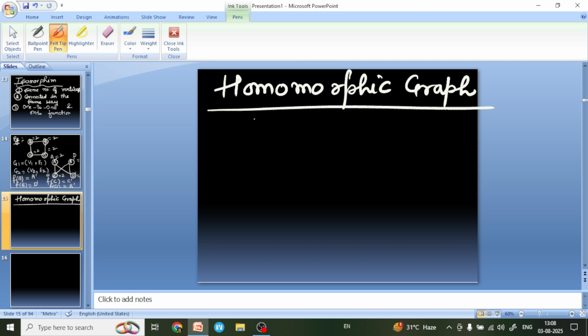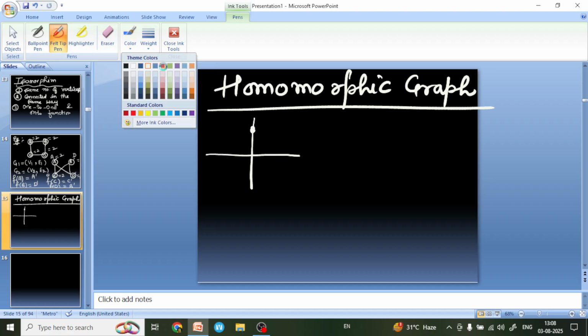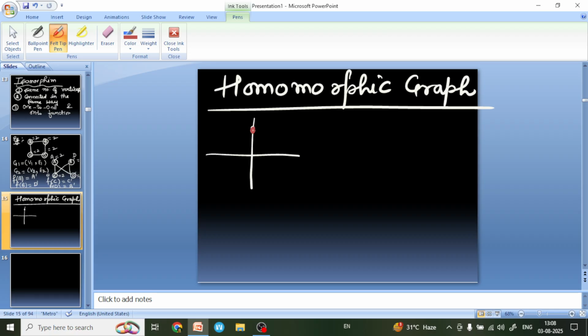We have given this graph. Here these are its vertices: 1, 2, 3, 4, 5 vertices. This is your first graph.